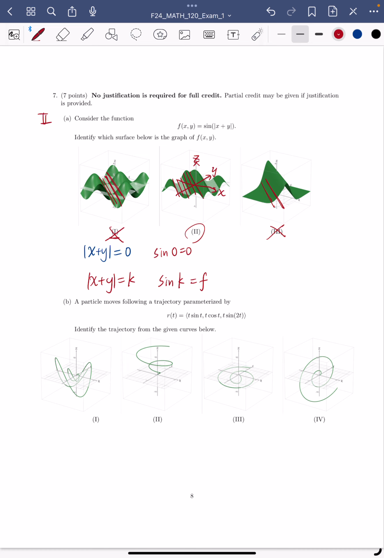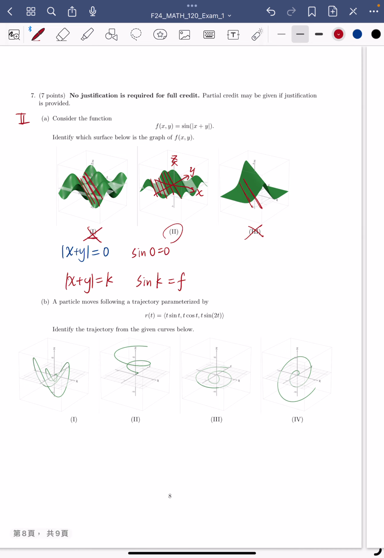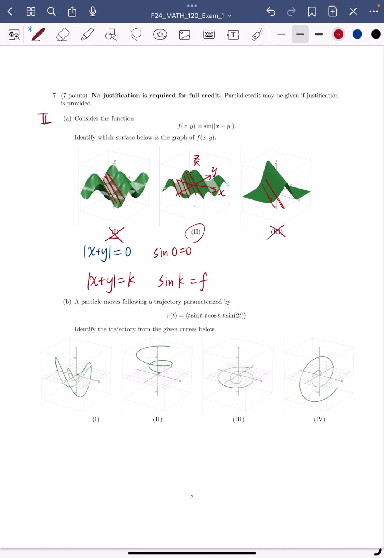Okay, so for the final question, not the final question, actually we have more, but for part B, we have a particle that moves following a trajectory like this. We have to identify its trajectory. So we have to observe the behavior of this trajectory.